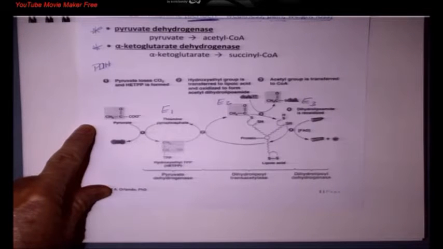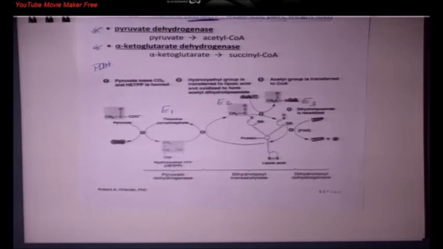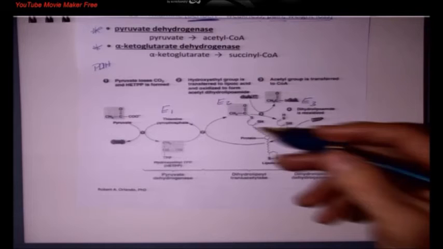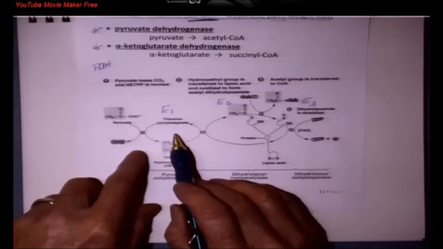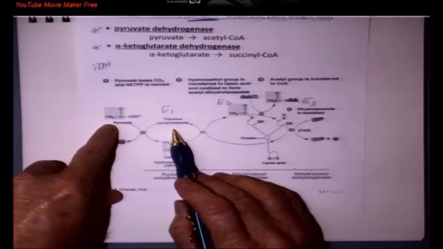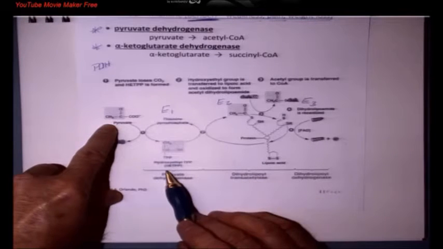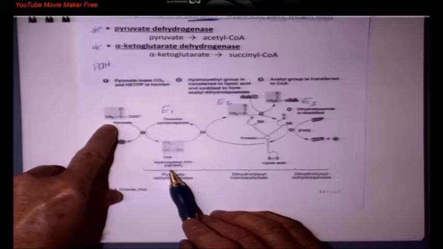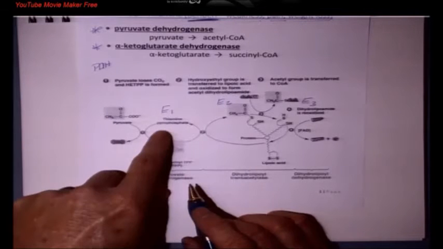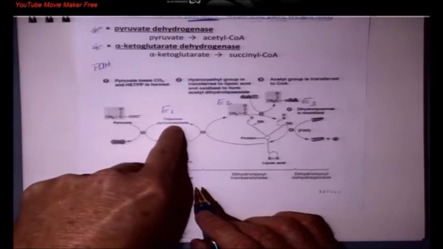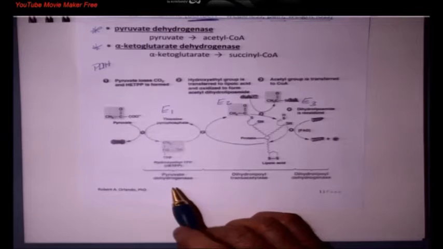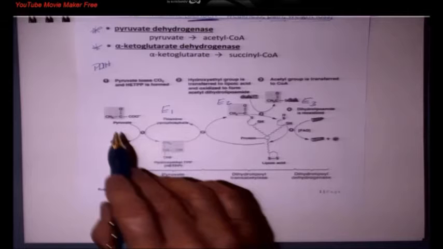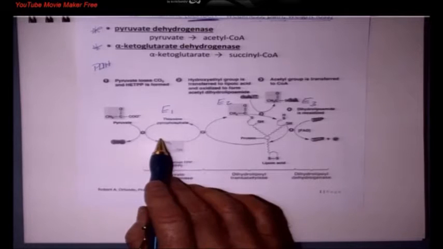The reason I emphasize that is because the conversion of pyruvate to acetyl-CoA is a three-step reaction. The first step is going to require pyruvate binding to the enzyme's active site, but it doesn't bind to the enzyme. It binds to thiamine pyrophosphate, vitamin B1. So B1 needs to be in that active site to initiate pyruvate binding to the enzyme.